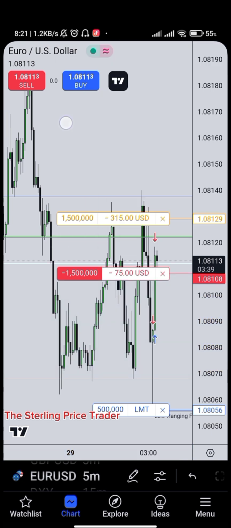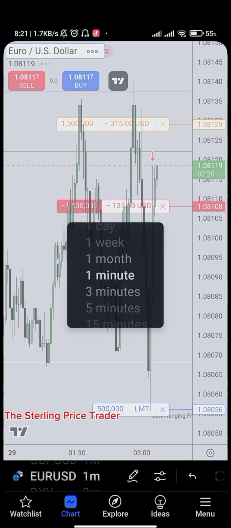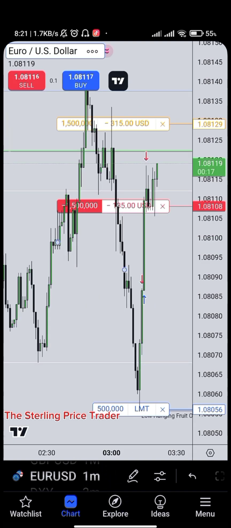If the dollar index has a higher low, that is, it failed to make a lower low, you will come to the forex pairs and find the one that makes a lower high. I'll repeat that. If the dollar index fails to make a lower low, then you come to the forex to find a pair that has a lower high. So it's not a lower low because you want to sell the forex.